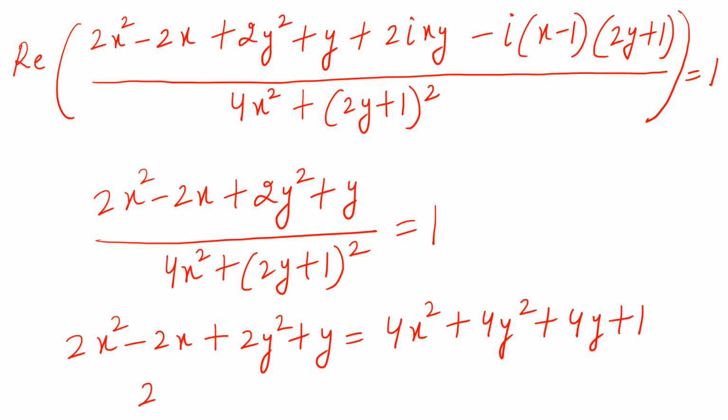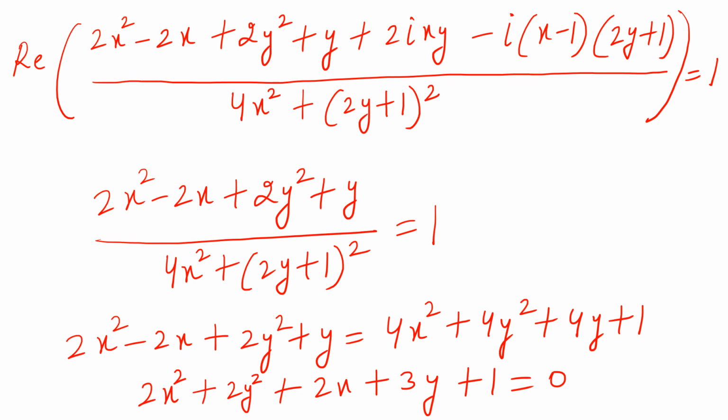Now this becomes 2x square plus 2y square plus 2x plus 3y plus 1 equal to 0. Now students, clearly this equation represents a circle.